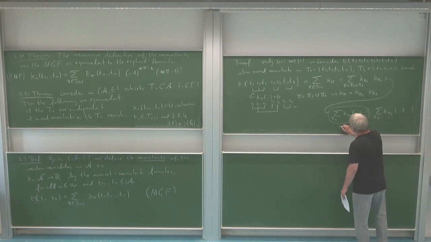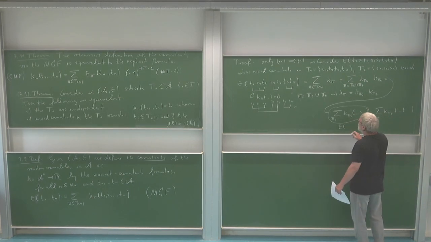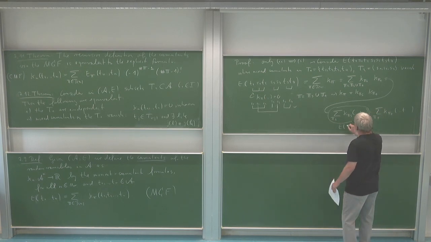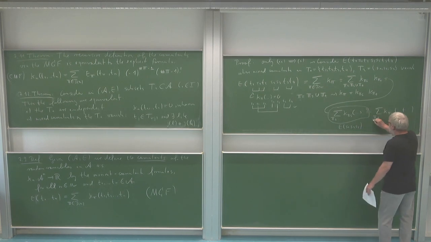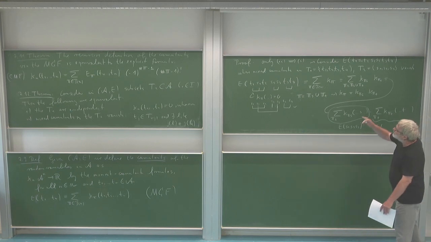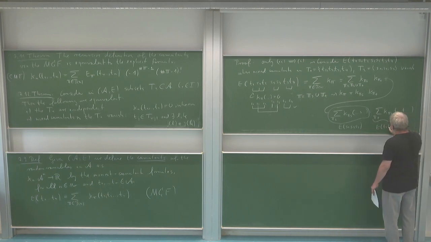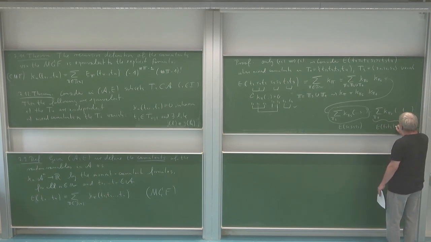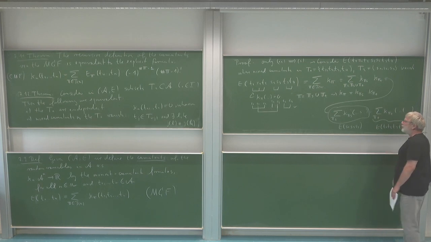So this here is the expectation of all the s's. In this case this would be the expectation of S1, S2, S3, and this here is the expectation of the product of all the t's. So this would be T1 times T2 times T3 times T4.